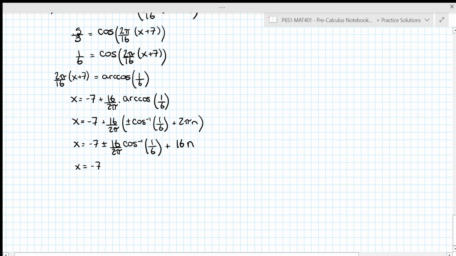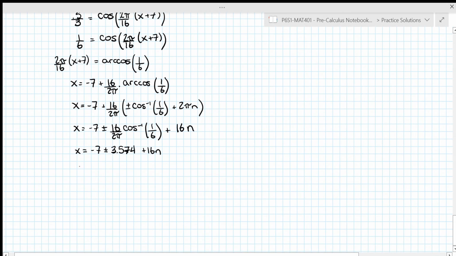Get -7 plus or minus 3.574 plus 16n. And then I actually want to split it. x is -7 minus 3.574, and every period away from that, or x is -7 plus 3.574, and every period away from that.